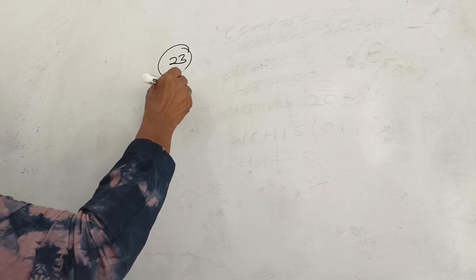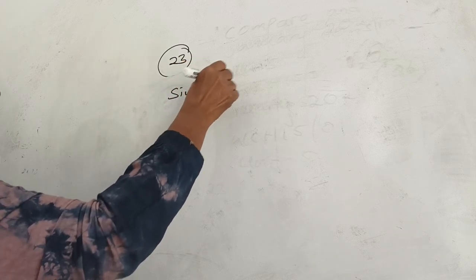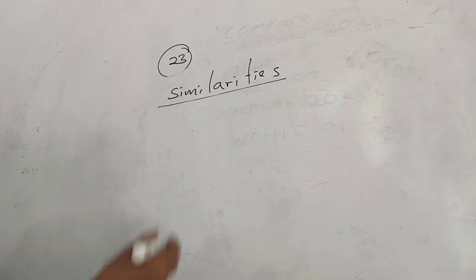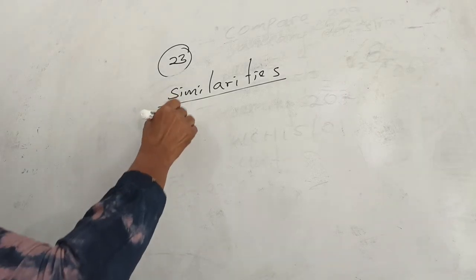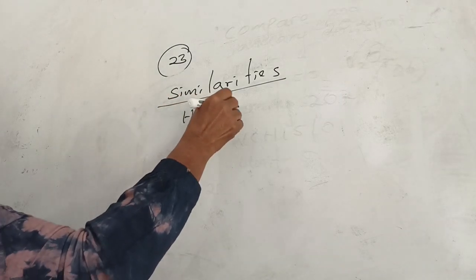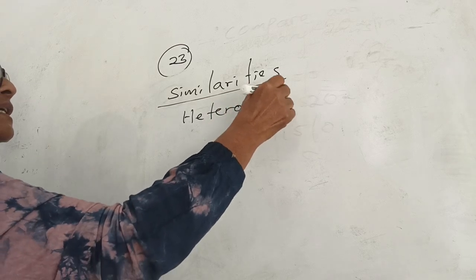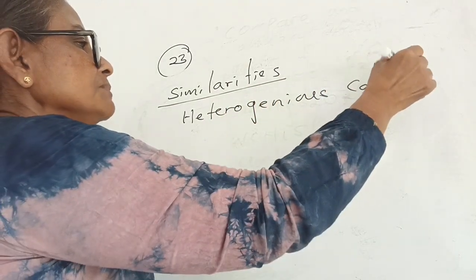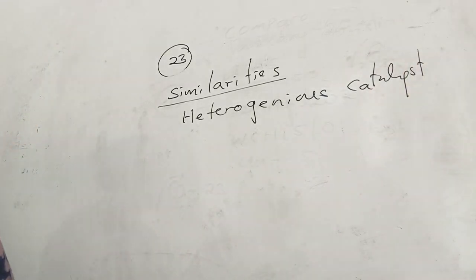Very first, similarities. When you break the question and start writing, you can see they both are heterogeneous catalysts. You are not supposed to give the definition of a catalyst, it is not needed.